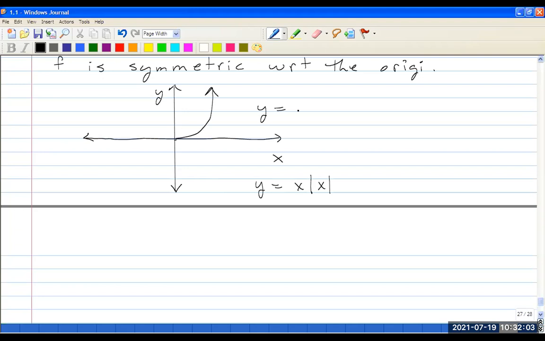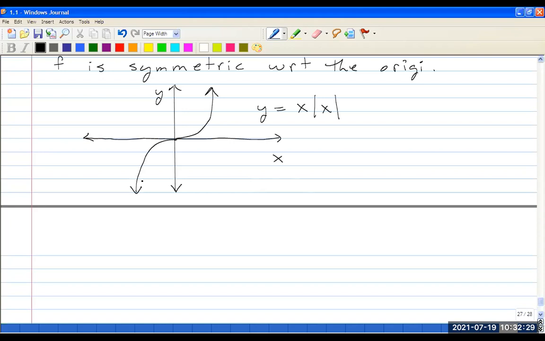So it looks like a parabola. Now, if x is less than 0, well, actually, I don't really care. It's an odd function. So symmetric with respect to the origin. So I'm just going to flip this over.